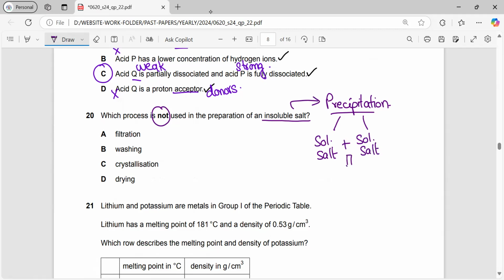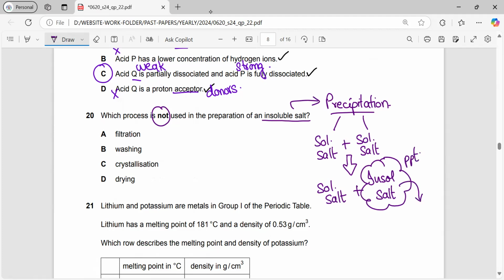They react with each other and form one soluble salt and one insoluble salt. And this insoluble salt is called the precipitate. Once this insoluble salt is prepared, we can filter it out from the mixture. We can do filtration. After filtration, we can wash it, dry it.